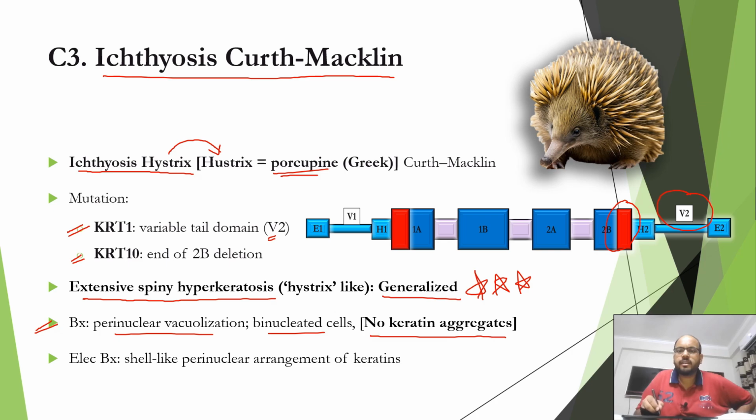Now, just remember that in a cell you have a nucleus, and the function of keratin filaments is to attach the nucleus and other organelles to the cell membrane so that the cell maintains its shape. But what happens if the keratin filaments are not properly formed? They will clump together.